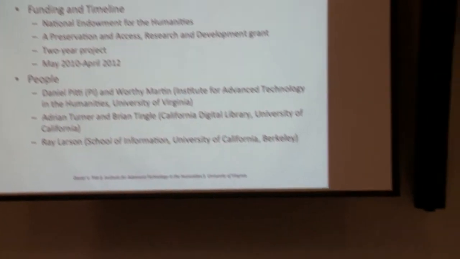First thing I'd like to talk about is the funding timeline for it. It's funded by a grant from the National Endowment for the Humanities. It began as a two-year project, began 2 years ago, so it will formally come to an end at the end of next month.